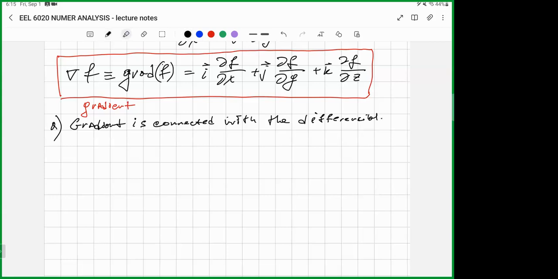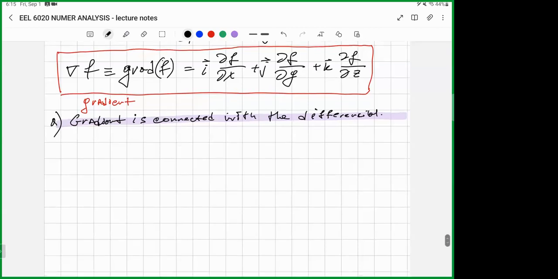Differential. Let's highlight this in color. So let's write the differential for this function f(x, y, z), right? We recall this formula for the differential.